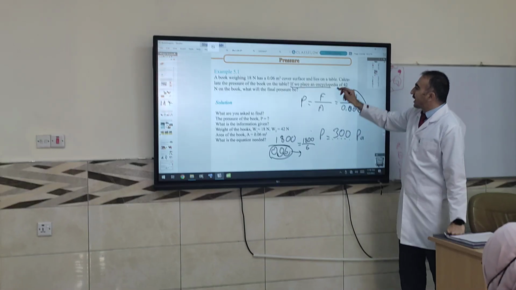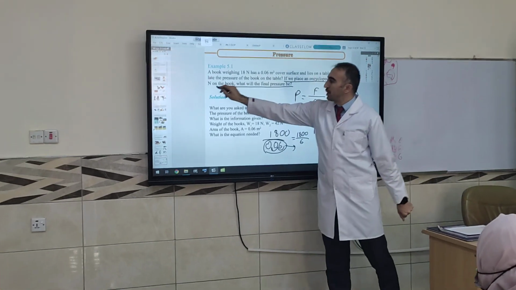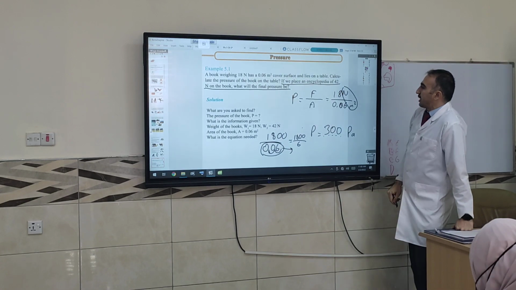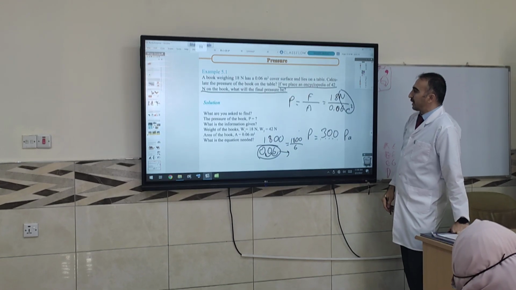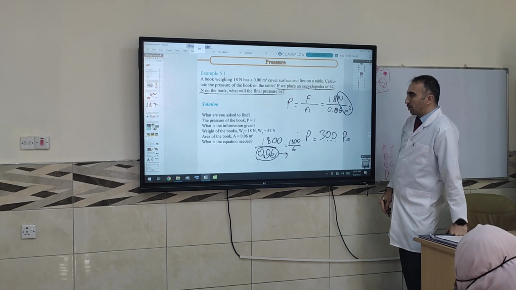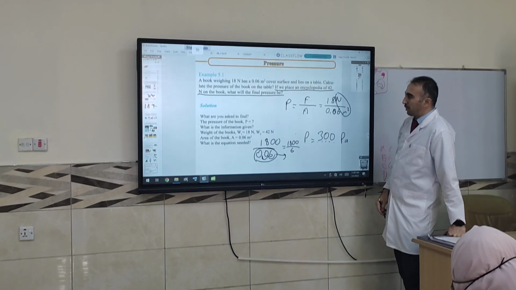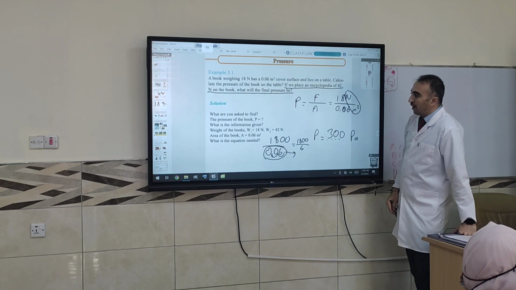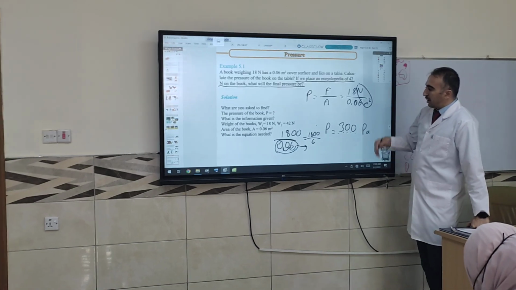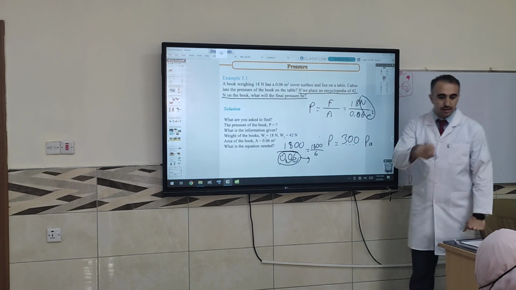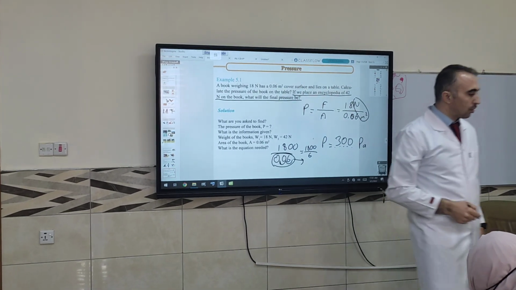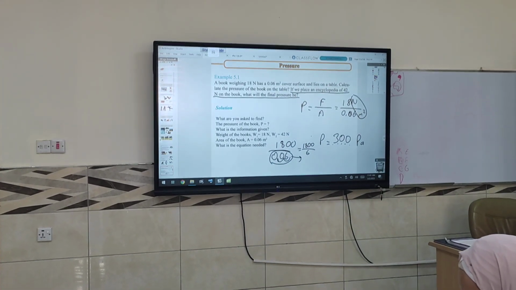Now, the second part of the question says that if we place an encyclopedia of 42 Newton on the book, what will the final pressure be? Before we start the second part, can you write the answer on your notebook or on your book?